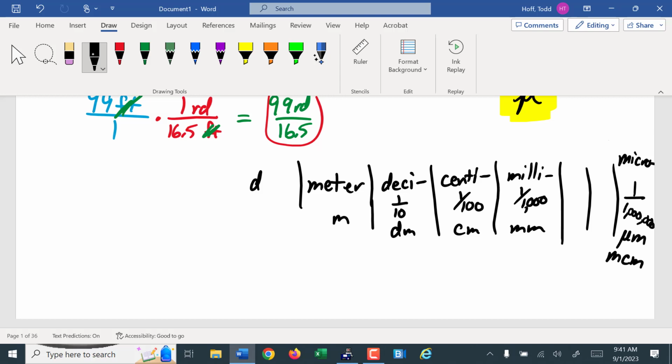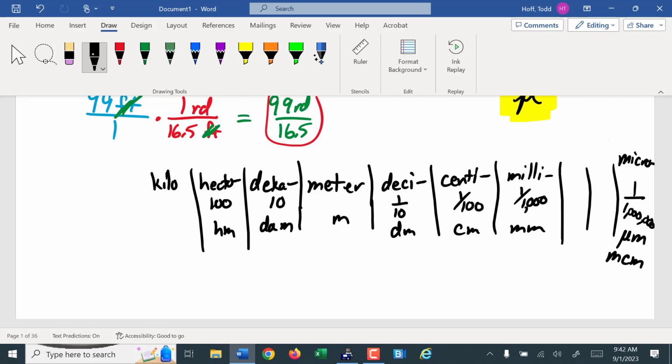Getting larger than a meter. Deca meant 10. Now dm was for decimeter. They used dA for deca, so dam for decameter. Hecto was 100. So hm was a hectometer, 100 meters. Kilo is 1,000.